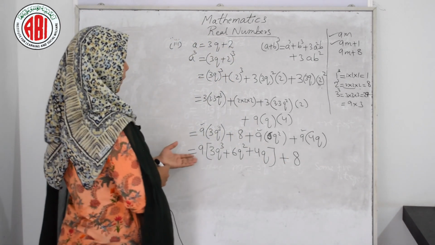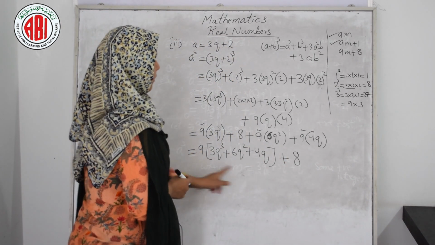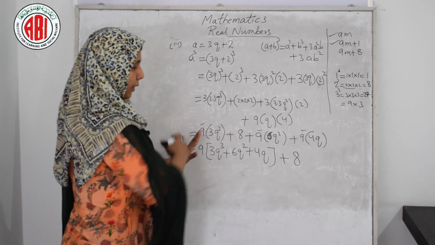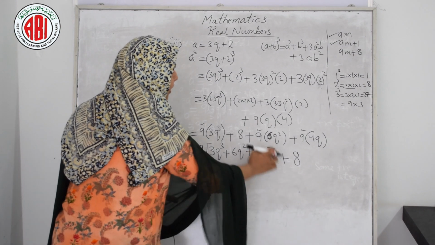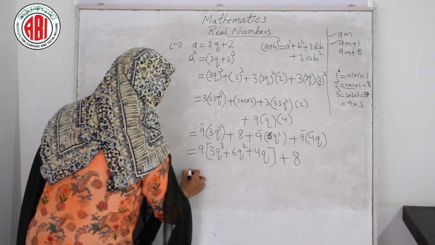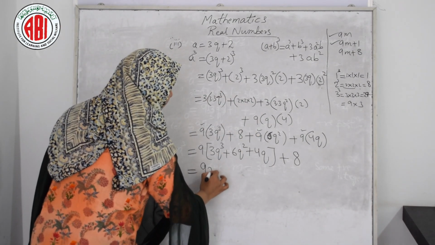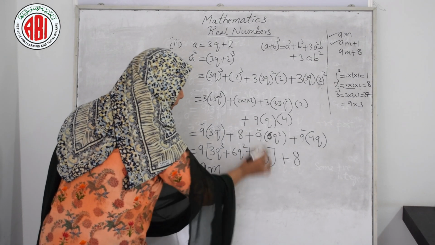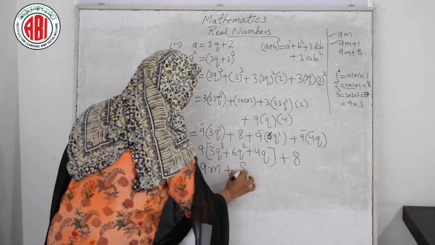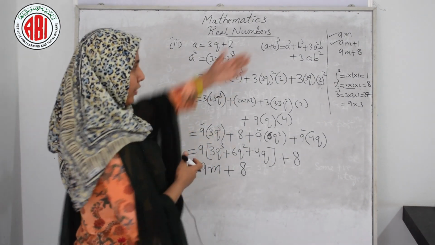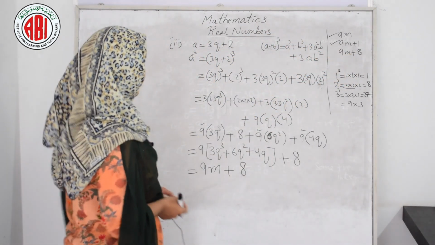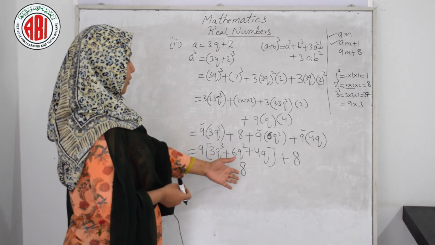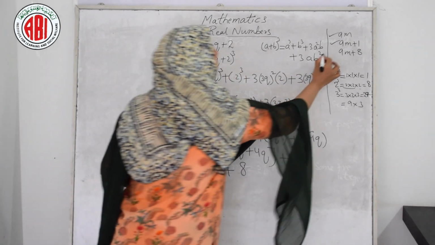Then this complete term became one term. What we can do is write this complete term just as m. So 9 into m, 9m plus 8. So can you see we got the third one, 9m plus 8.